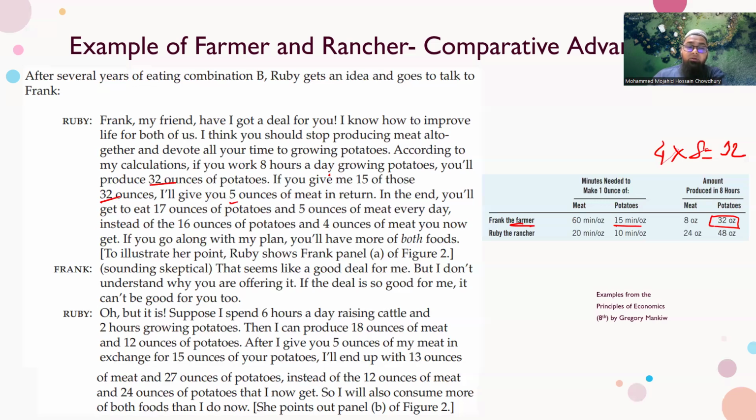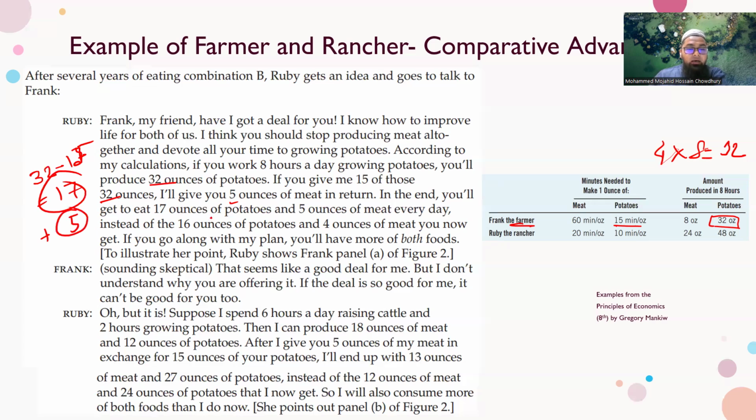So if the farmer is given 5 ounces of meat in return for 15 ounces of potatoes, how much is left for the farmer? It will be 32 minus 15, and it will be 17 ounces of potatoes the farmer will have, plus 5 ounces of meat.